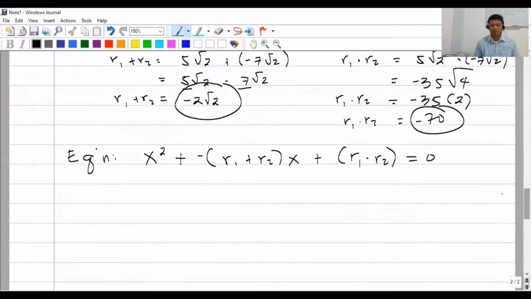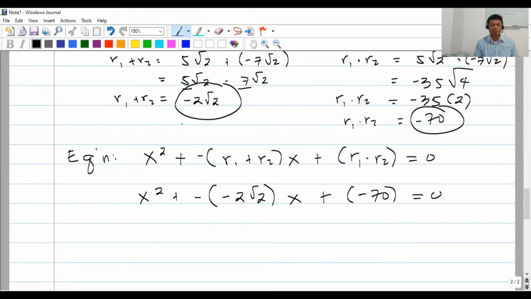And we have x squared plus the negative of negative 2 square root of 2 of x plus the negative of 70 equals 0. So we just substituted the sum of two roots, which is negative 2 square root of 2, and the product of two roots, which is negative 70, for R1 plus R2 and R1 times R2 respectively.